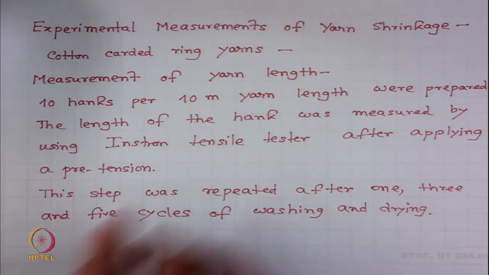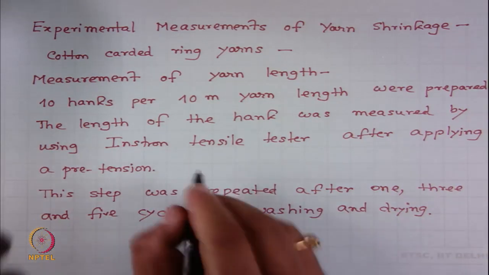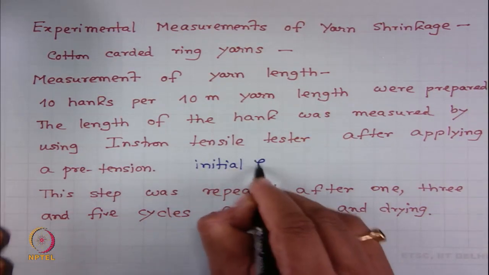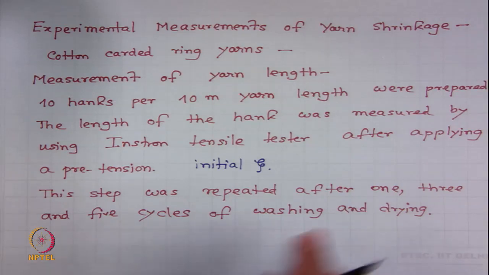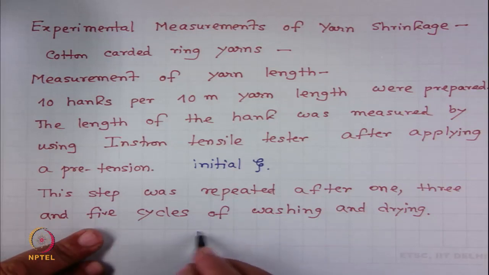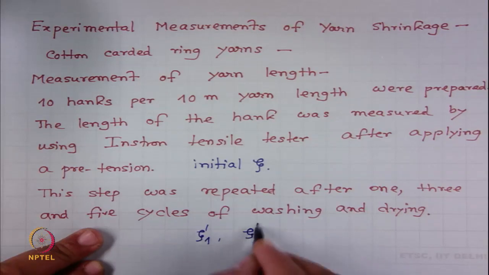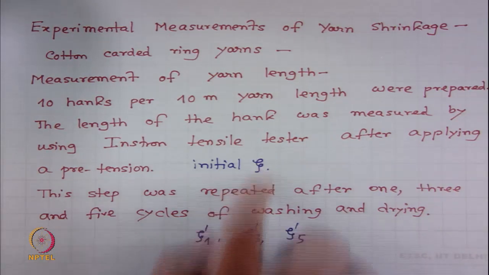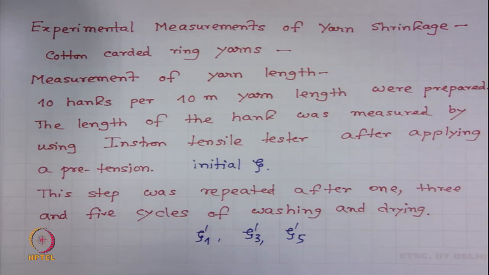So, this gives you initial length. These three measurements gave you length of yarn after first cycle, length of yarn after third cycle, length of yarn after fifth cycle. So, from these differences we obtained shrinkage values at different cycles, first, 3 and fifth.